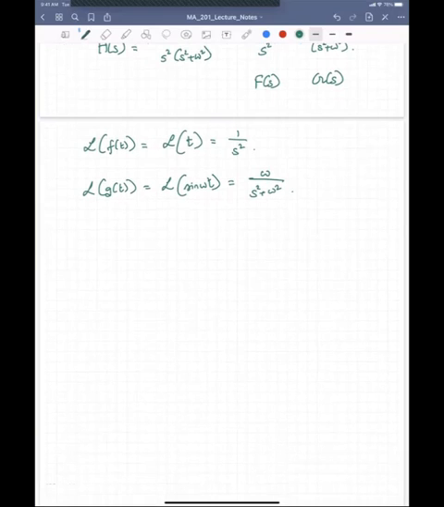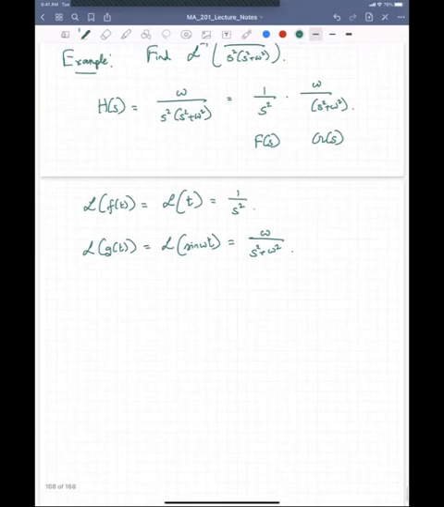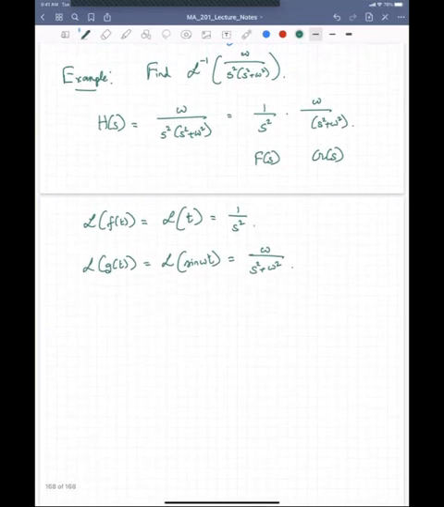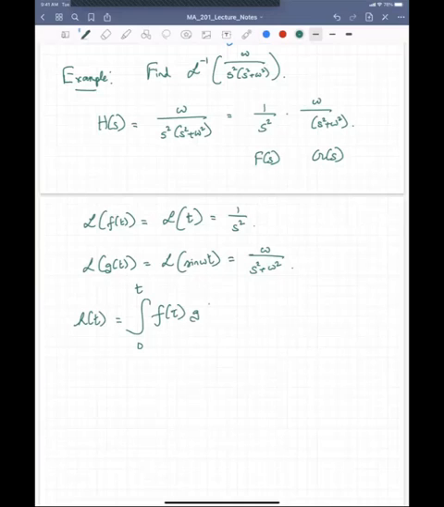How will I do this? I will use the convolution theorem. So I know that L inverse of 1 over s square is t. I know that the L inverse of omega over s square plus omega square is sine omega t, which means that the inverse Laplace transform of the product of these two is given by the integral from 0 to t of f(tau) g(t minus tau) d tau.